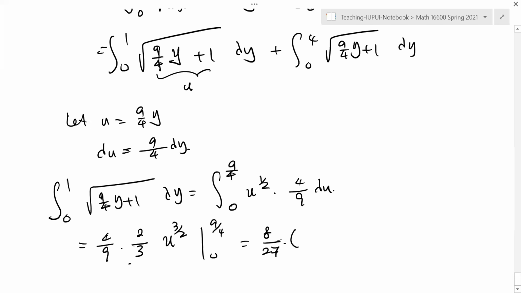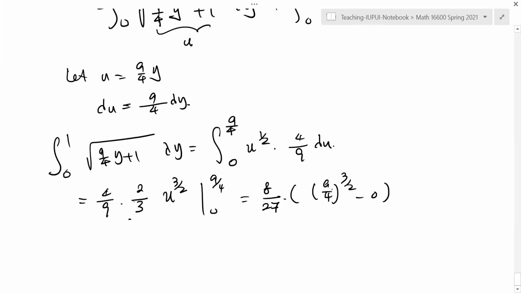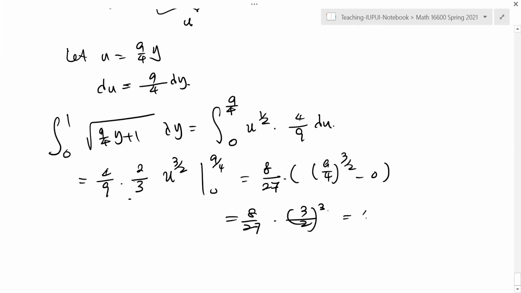And 9 over 4 to the power 3 over 2 is going to be 3 over 2 cubed, which cancels out. So the first part is just 1.